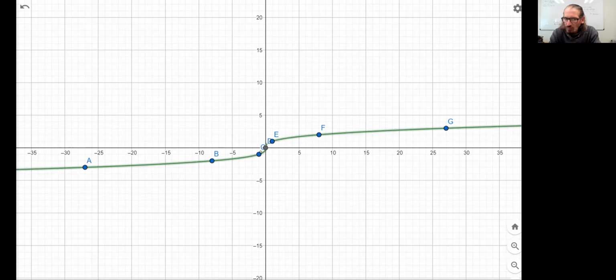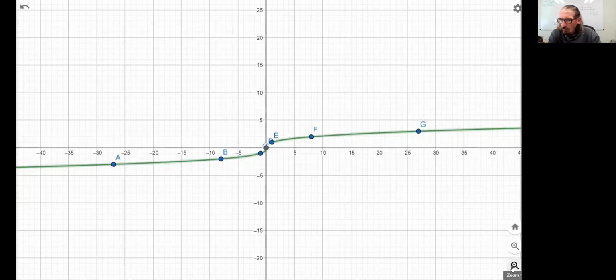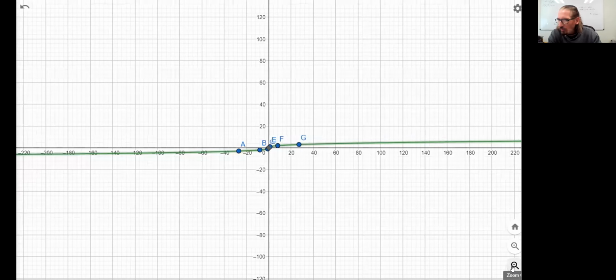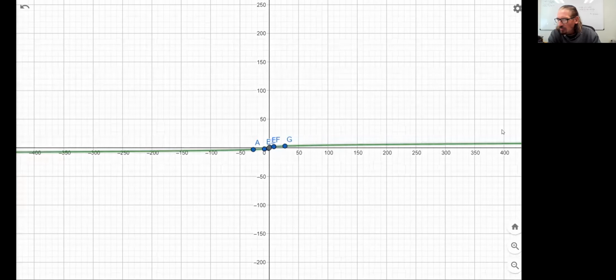So notice that we're seeing a piece everywhere left and right. And it's not as obvious, but if I zoom this out very slowly, we will get higher and higher values. It's going to take quite a while, but I could take the cube root of a very large number and get 100, for example.